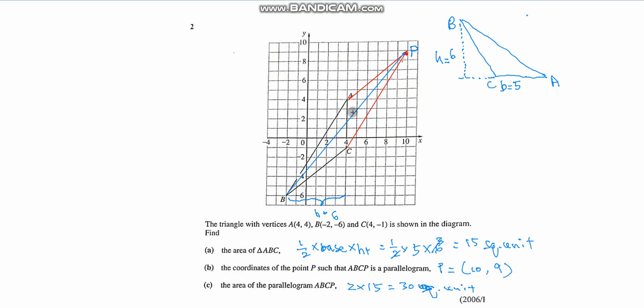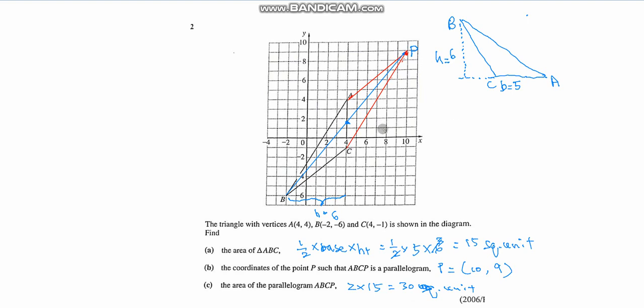They bisect each other. Now, how do you go about doing it? It's very simple. First, remember diagonal BP will bisect diagonal AC. To start off, you must pick the two points that are given with coordinates, which are A and C. So we can find the point where the two diagonals intersect, because this point is the midpoint of AC.